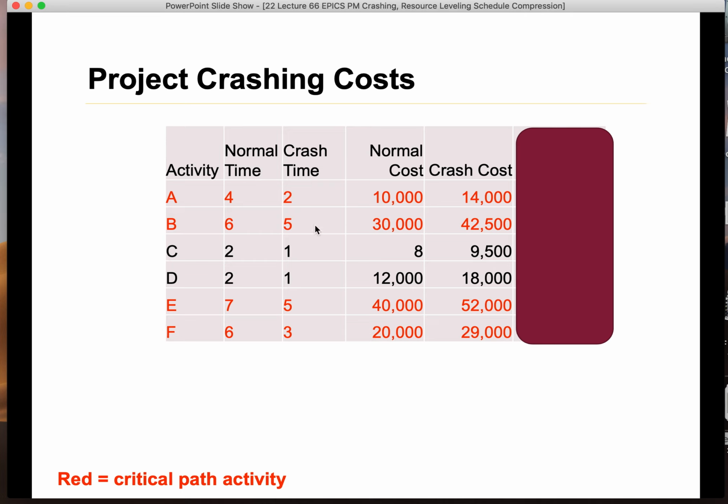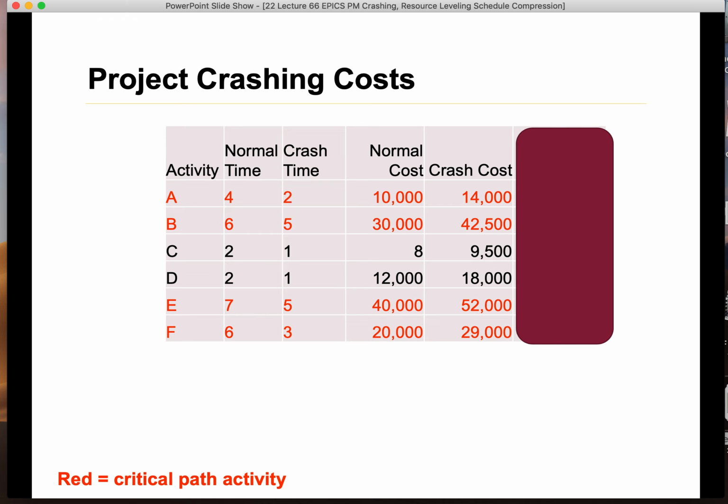Okay, so here are the target crash times, and this is the normal cost, and this is the crash cost. So read it like that. Normally activity A is 4 days. I want to crash it to 2 days, and the normal cost for activity A is 10,000.